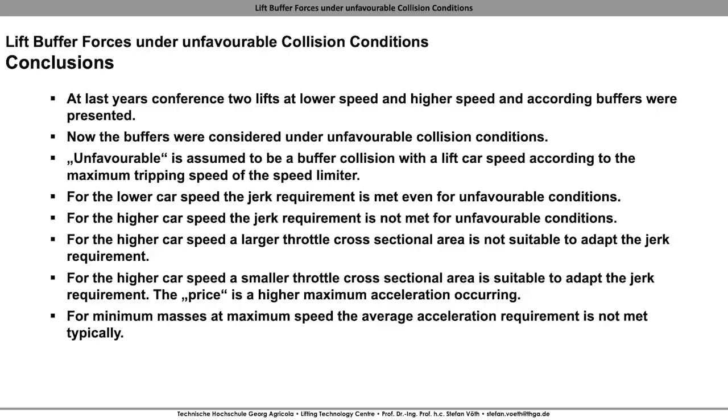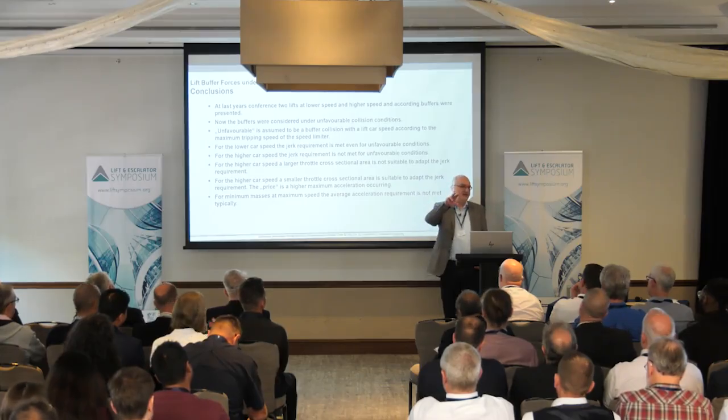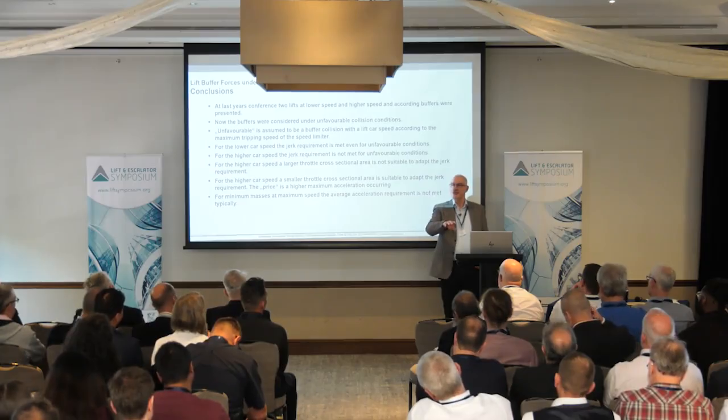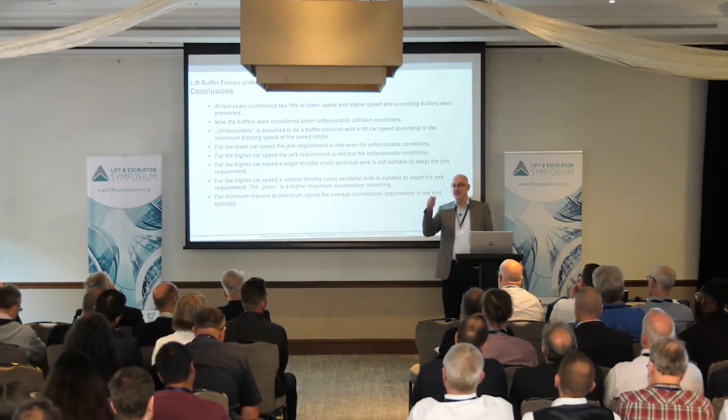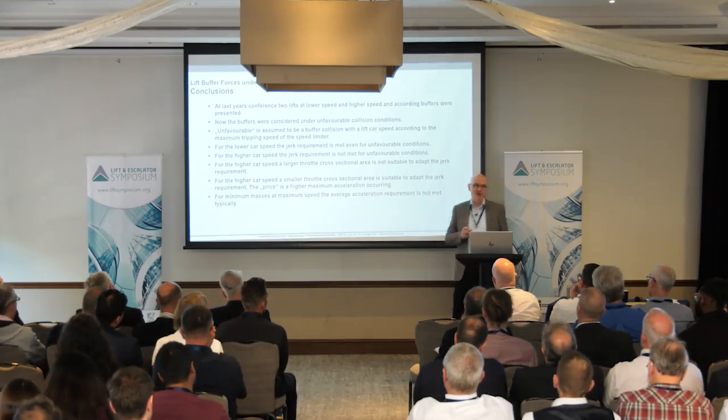Or on the other hand, if we have some failure of systems, for example, your speed governor acts at 125%, you then have some free drop of your system. You will get to even higher speeds than this speed, and then you get even higher decelerations than I have shown to you.